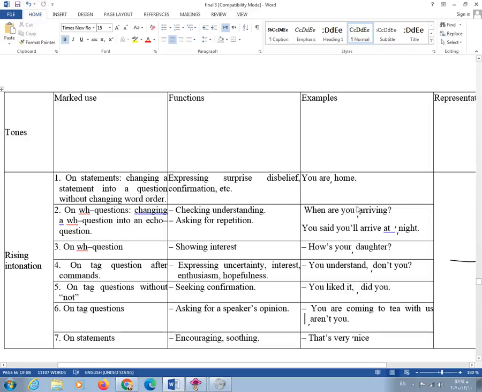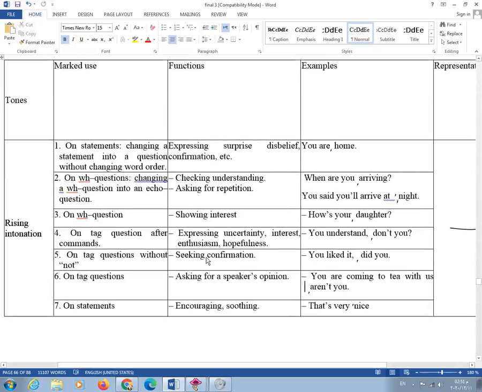So you didn't capture this and you want to check this, and you ask for a repetition. You say, when are you arriving? You said you'll arrive at night. Okay. On WH questions also, when we use rising intonation, this can show interest. For example, where is your daughter? Okay, some sort of interest, involvement, and so on.